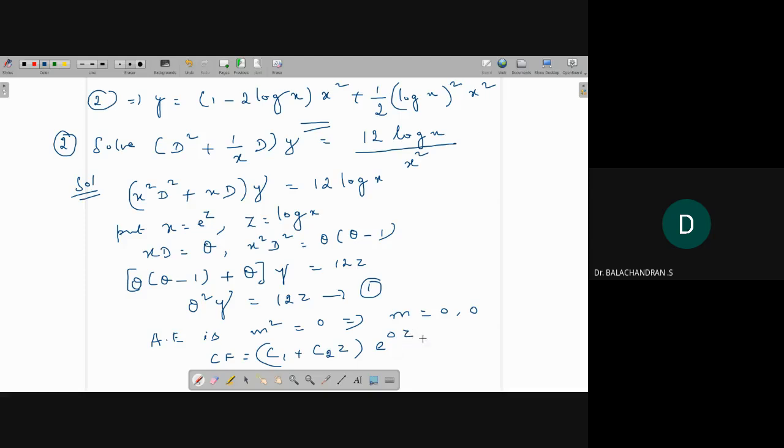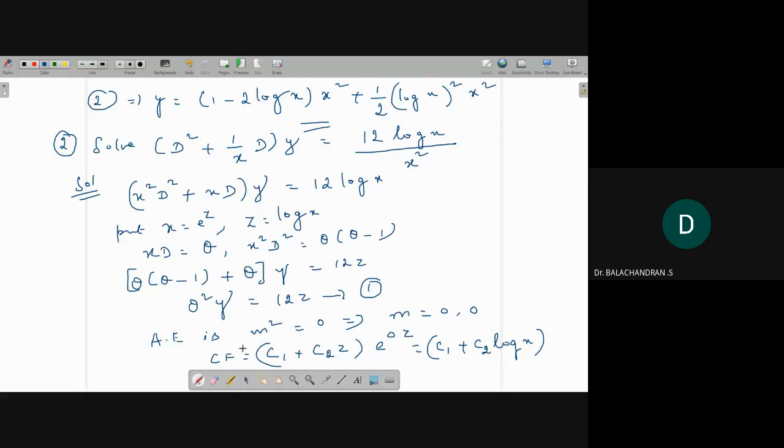Or in terms of x, if you want to write, so c1 plus c2 into z. What is z? Log x. So e power 0 z is 1. So the complementary function is c1 plus c2 into log x.